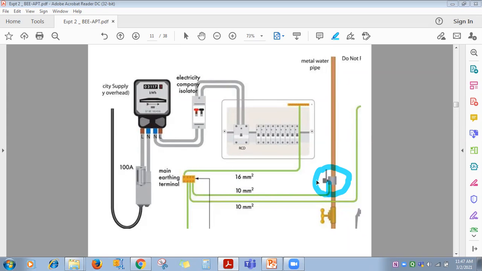One end of that earthing wire is fixed to the outer metallic body of that motor and generator, and another end of that earthing wire is connected to the earthing of that building. So what occurs if inside the motor and generator many windings are there, they are carrying current and they are insulated with some insulating material.